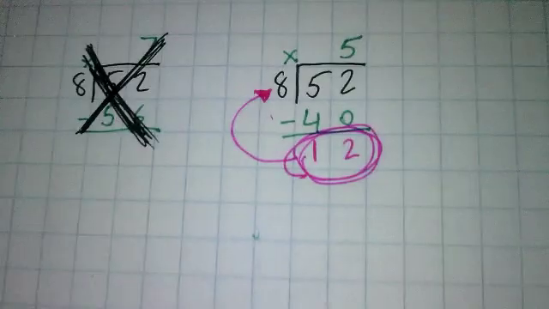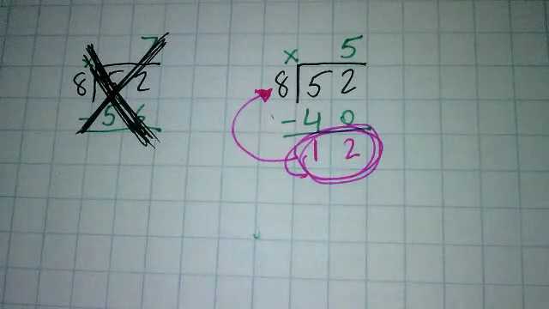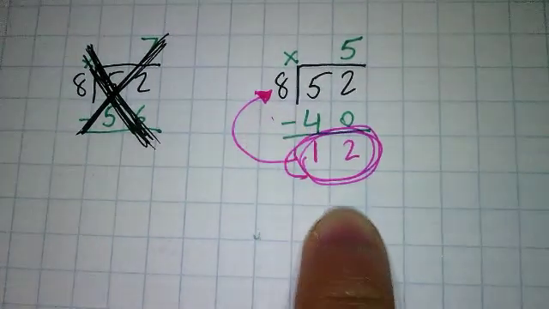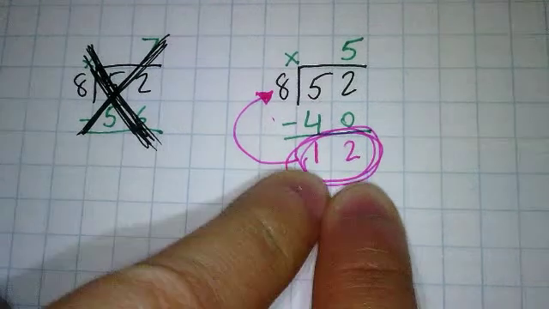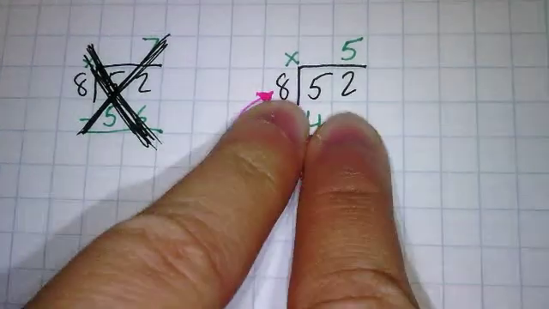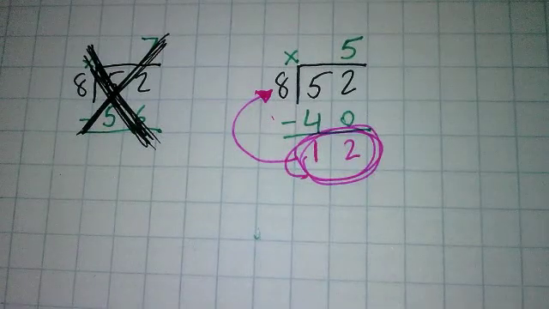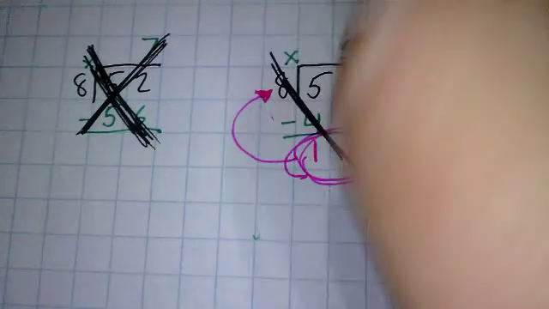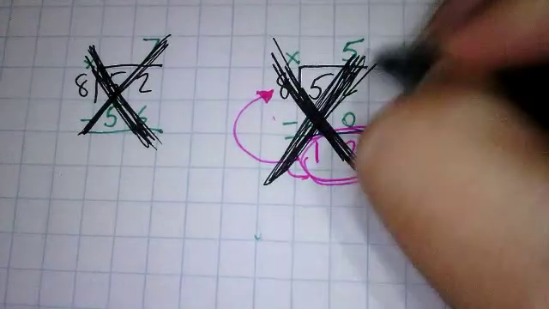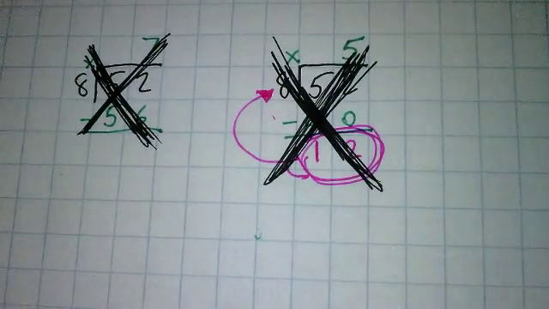Alright, it is divisor. You got it. So, if your remainder is bigger than your divisor, you did something wrong, because that means 8 can fit into 12 down here, right? And if 8 can fit into 12, it could fit into 52 at least one more time, right? So this is also wrong. If your remainder is bigger than your divisor, you need to go back and check something because you did something wrong, okay?